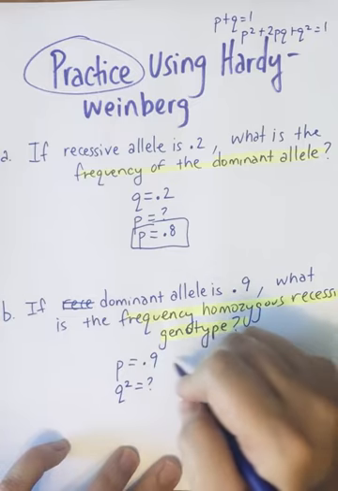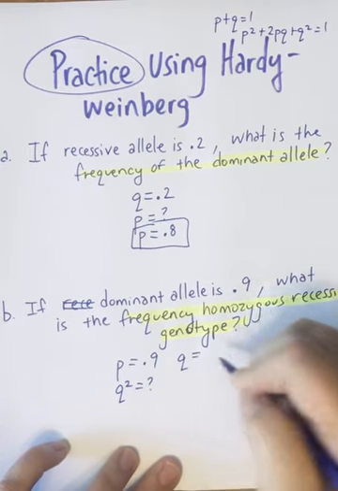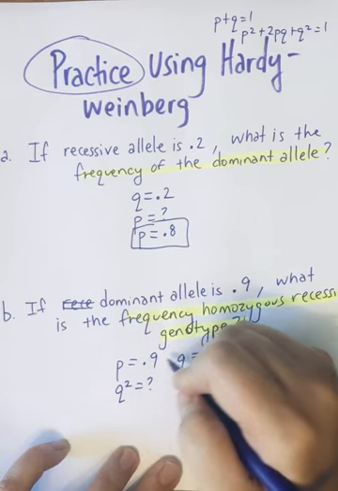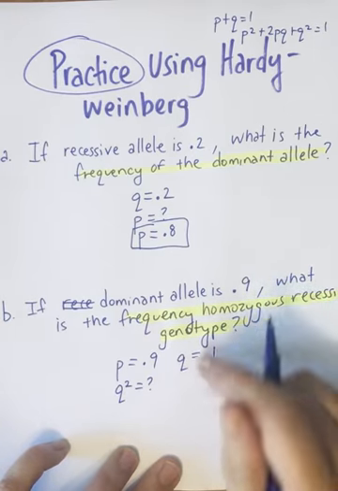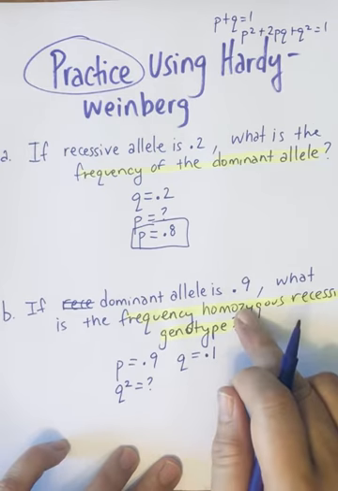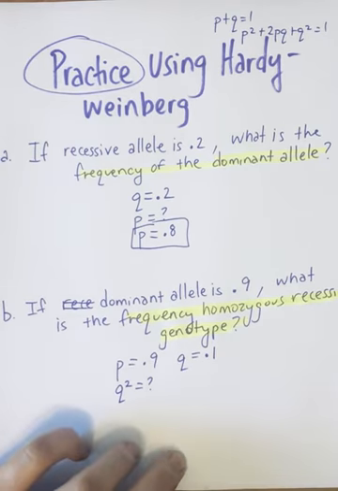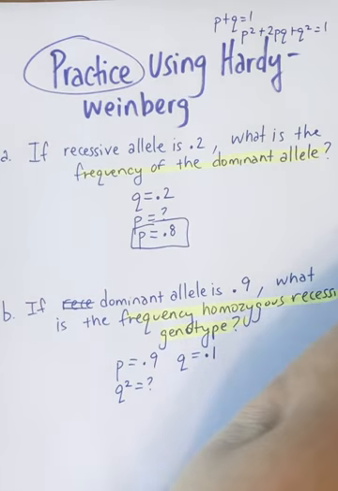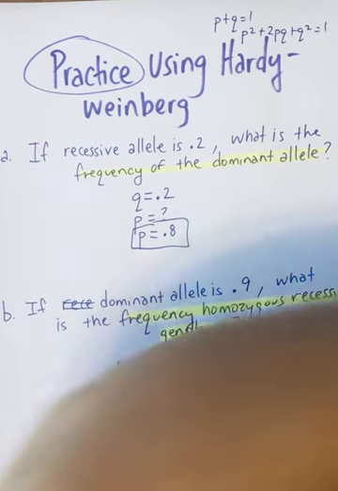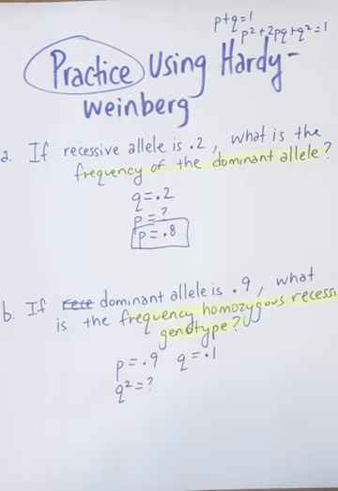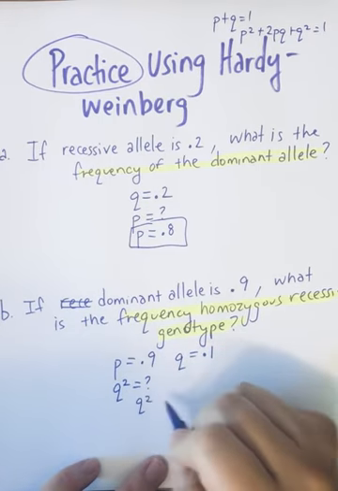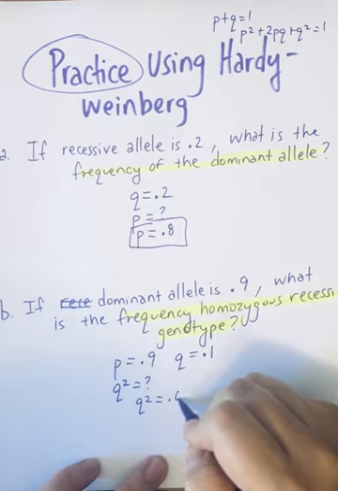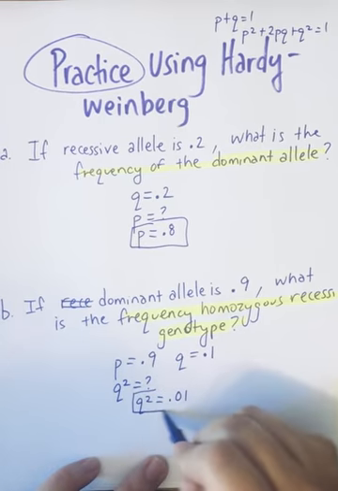So if P is equal to 0.9, Q is equal to what plus what equals 1, it would be 0.1. So Q squared would be your homozygous recessive genotype. So 0.1 times 0.1, you have to move your decimal over. Q squared is equal to 0.01. That would be your answer.